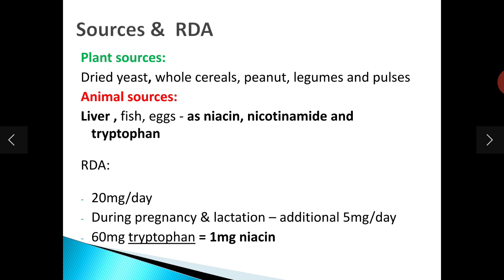The RDA, that is the recommended dietary allowance, is 20 mg per day. During pregnancy and lactation, an additional 5 mg will be given, and 60 mg of tryptophan will give 1 mg of niacin. So from tryptophan our body can synthesize niacin.